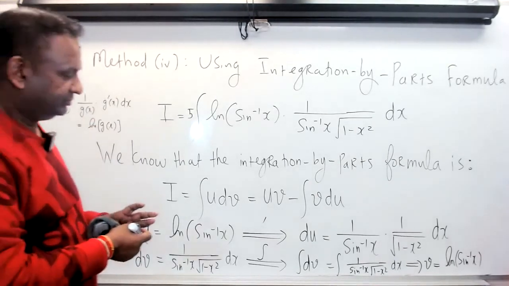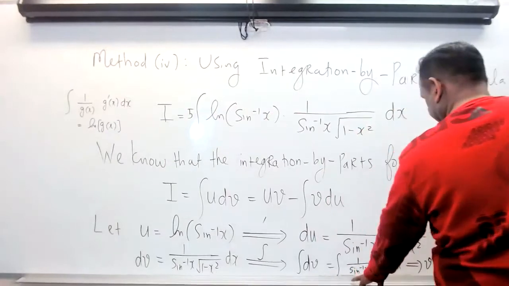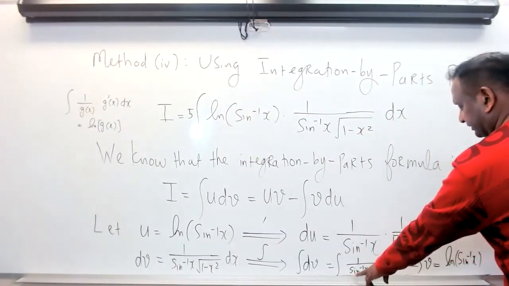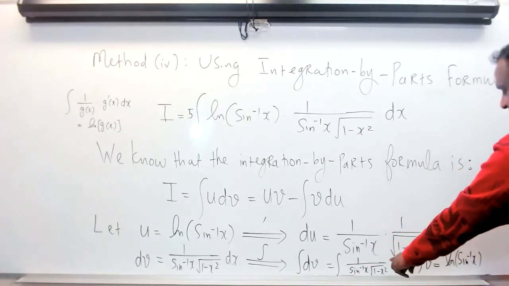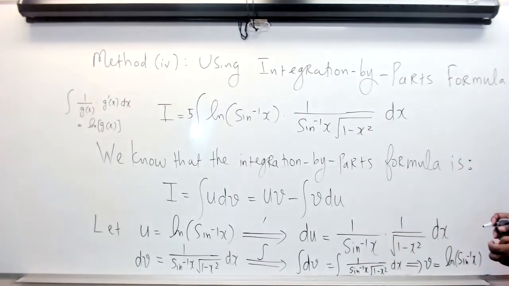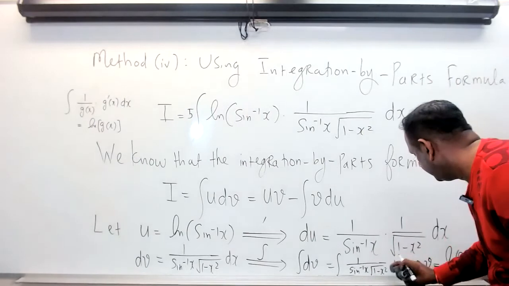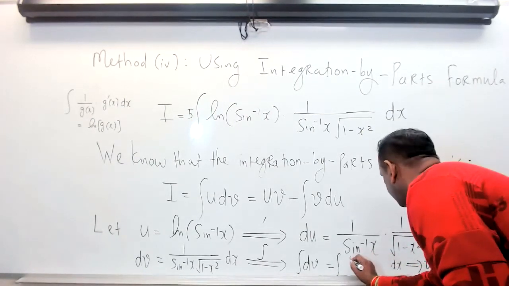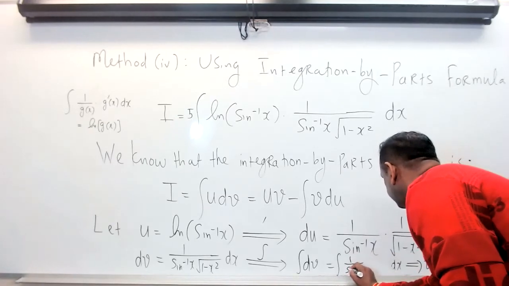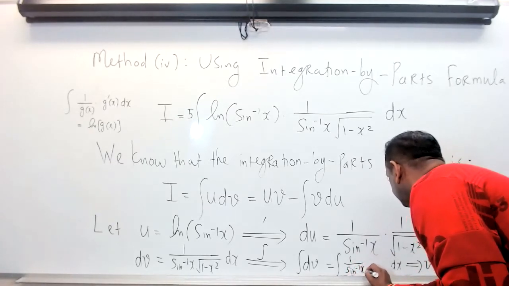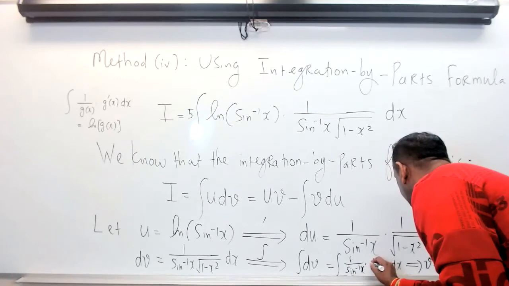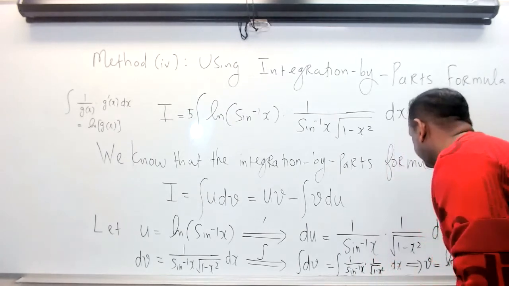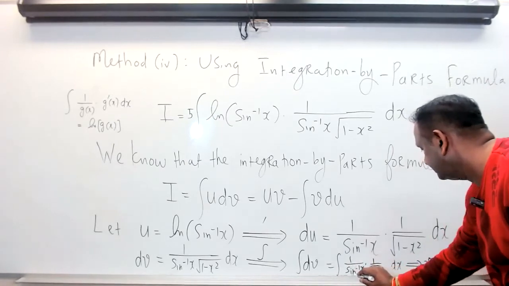Look at here. Sine inverse x. I'm talking about this g(x). Do you have its derivative right next to that one? Yes, I can see. I can separate it and write it this way: 1 over sine inverse x times 1 over 1 minus x squared. This is like my g(x).